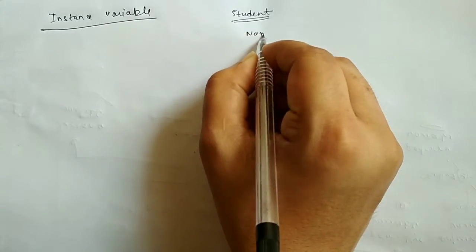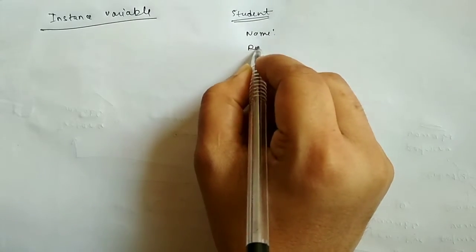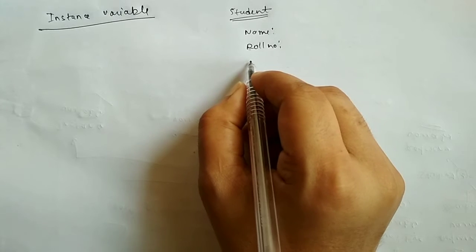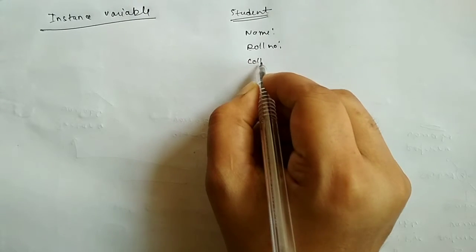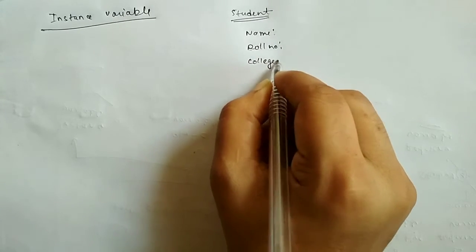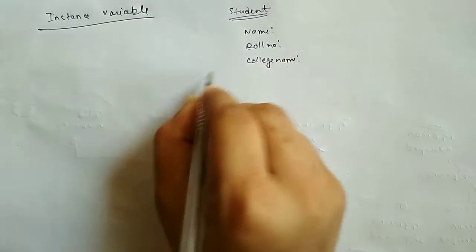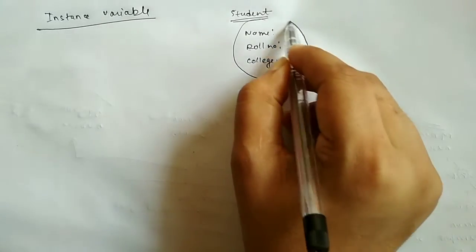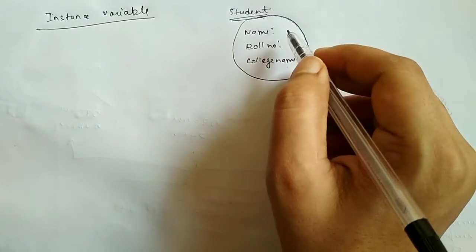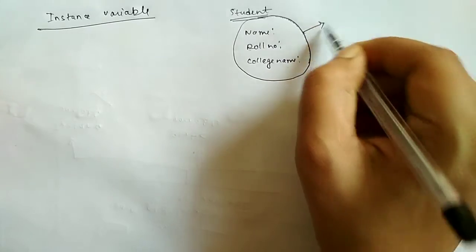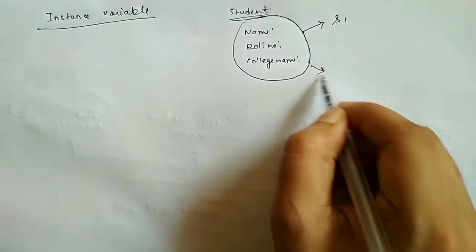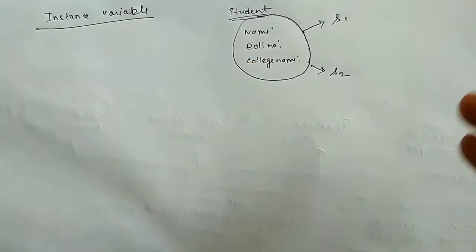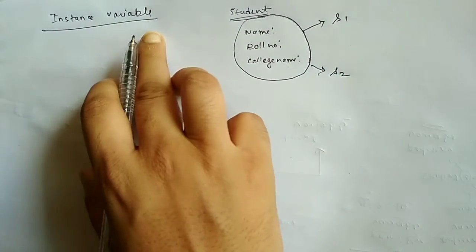One is the name, second is the roll number, and suppose the third column is the name of the college. If we want to create objects of this student, suppose we created two objects, S1 and S2, of type Student. So what is meant by an instance variable?